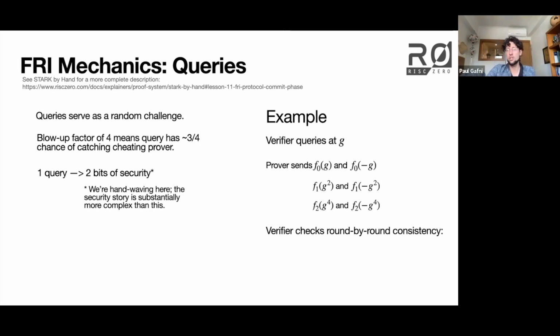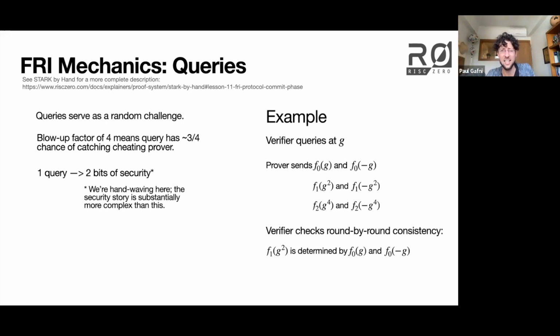And in addition to checking the Merkle branches, the verifier can check the round by round consistency of those evaluations. So in particular, the evaluation at the second stage is determined by the evaluations at the first stage and the randomness involved.